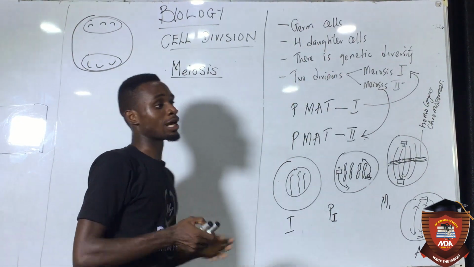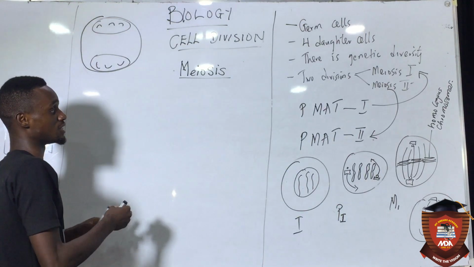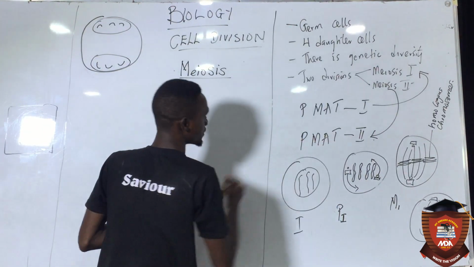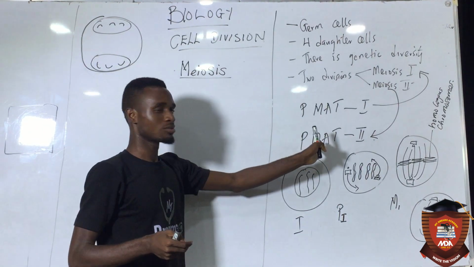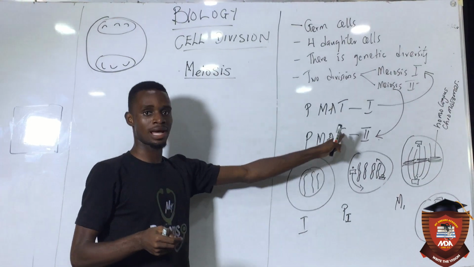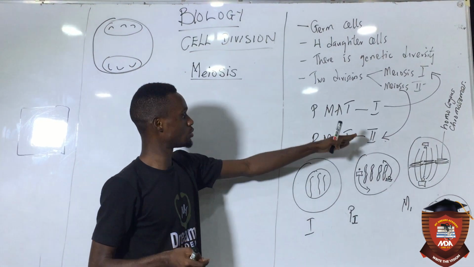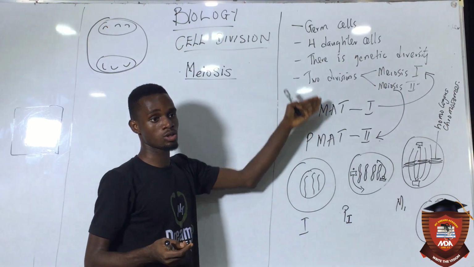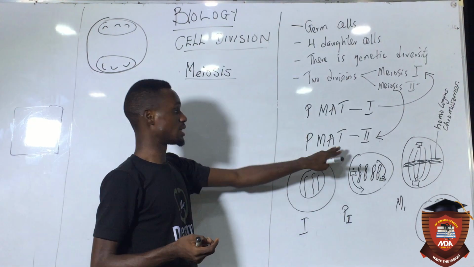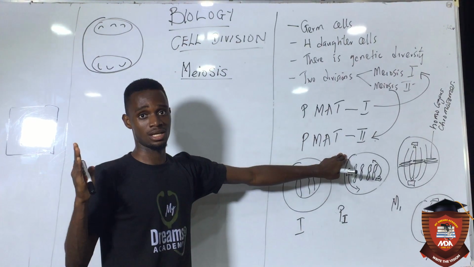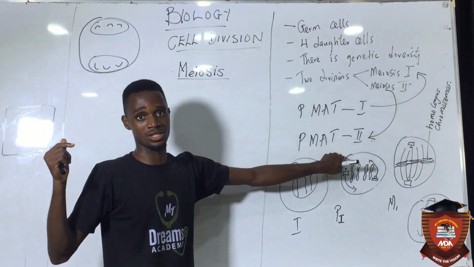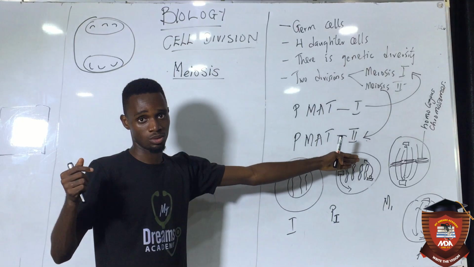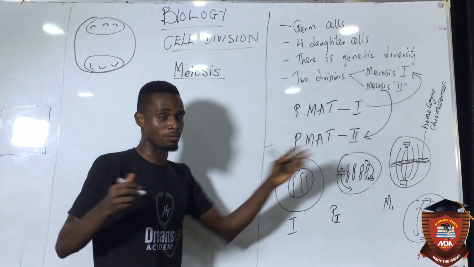Is that okay? Now, the second phase of meiosis again has 4 phases: prophase, metaphase, anaphase, and telophase. But the difference between this second phase and the first phase is that whereas in the first phase, homologous chromosomes separated, in the second phase, chromatids will separate, just like in mitosis. So we start the process anew from prophase to telophase.